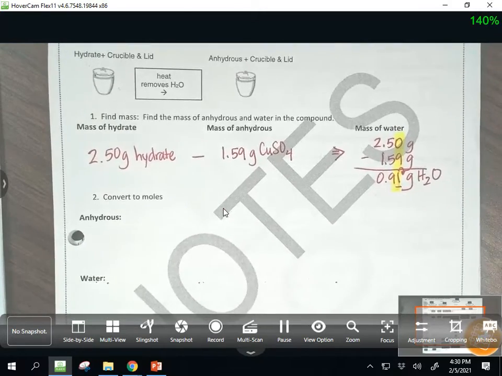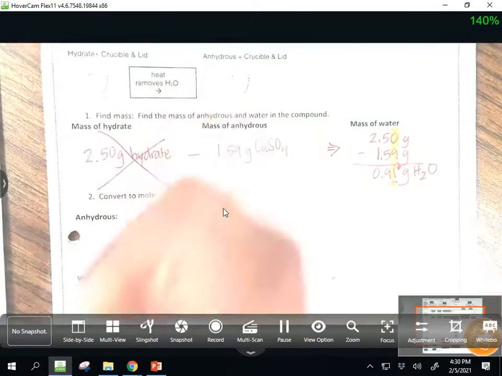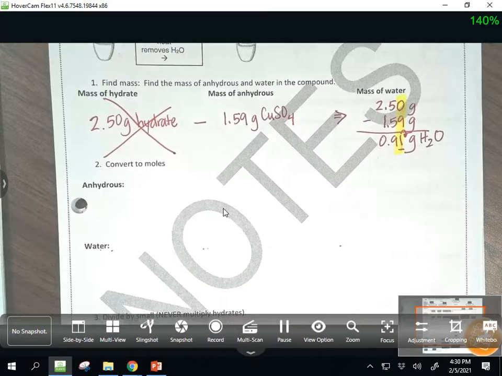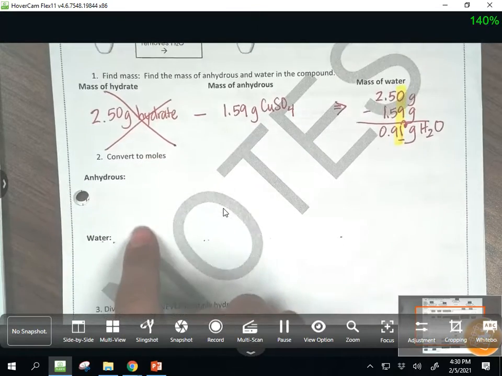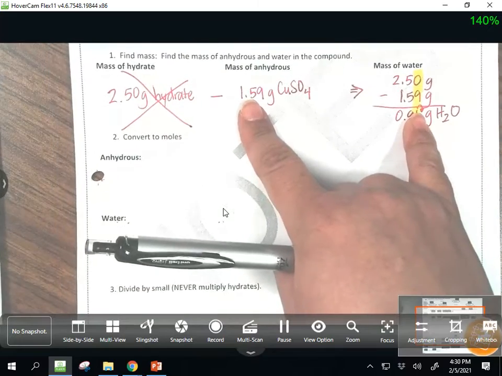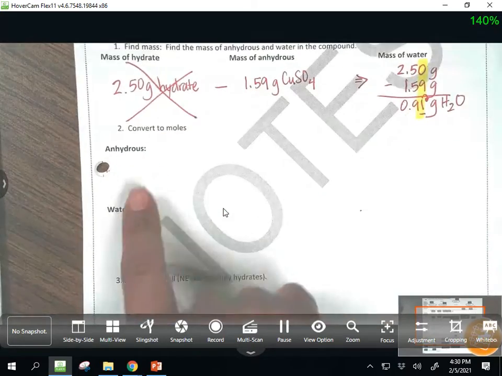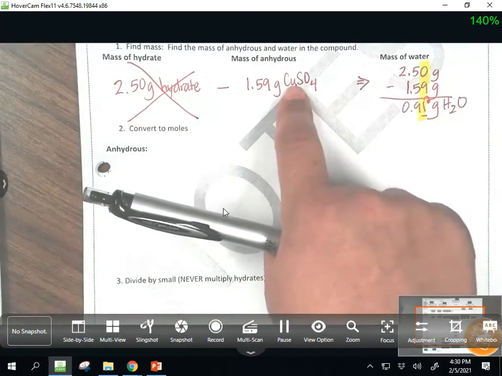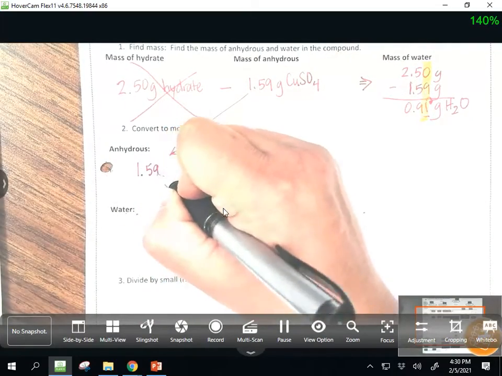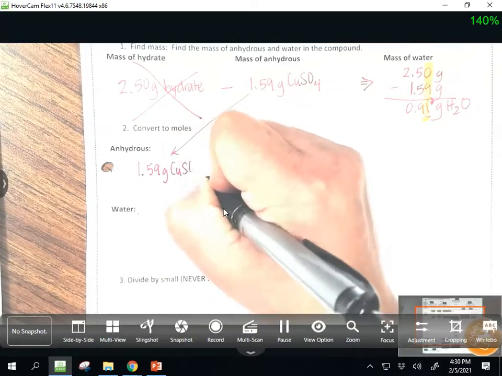After you find your mass of water, I would encourage you to cross out the hydrate because you don't need that number anymore. So now I'm going to convert to moles. These are the two that I have, so I need to convert to the moles of the anhydrous and water. I'm going to take 1.59 grams of CuSO4.